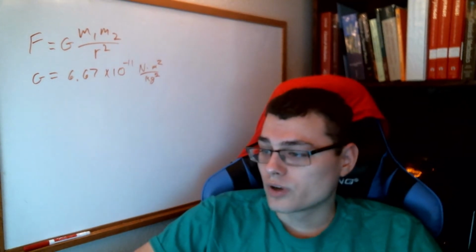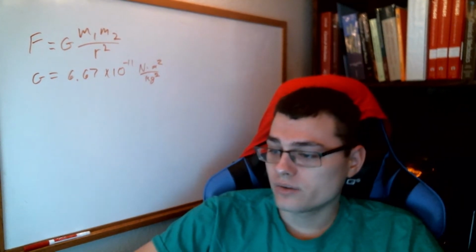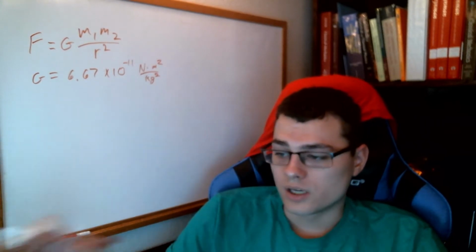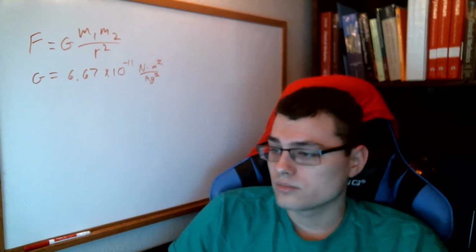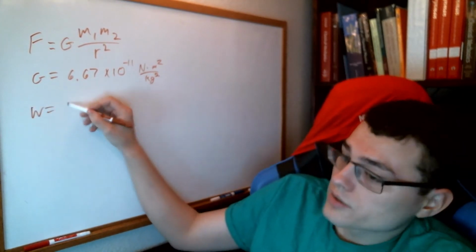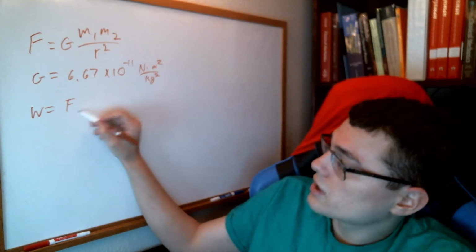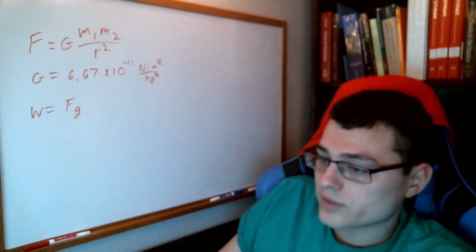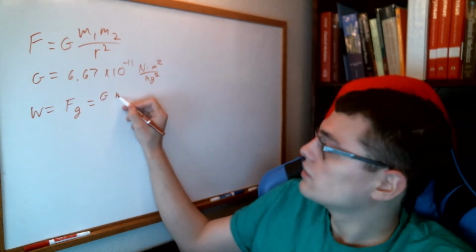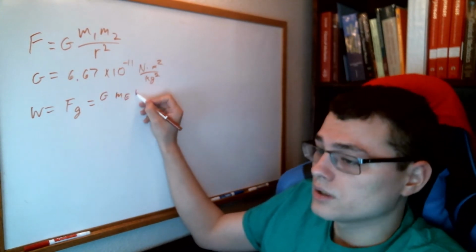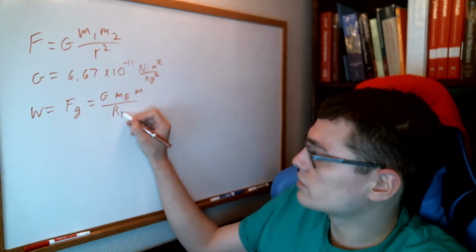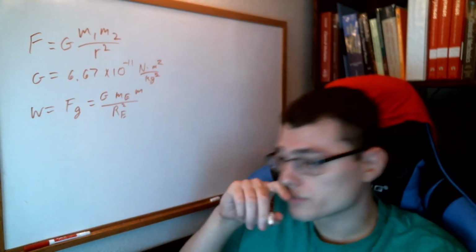But moving on, we talk about weight now. When we're talking about weight in this class, we usually say that this is the force of gravity, and this is directly equal to G times M_E times m, where m is the mass of the object that you're measuring, over the radius of Earth squared.